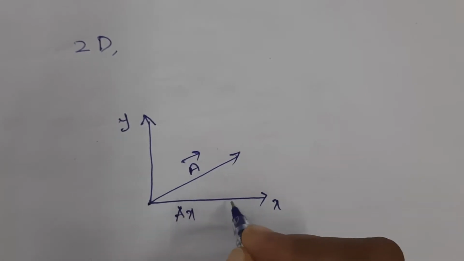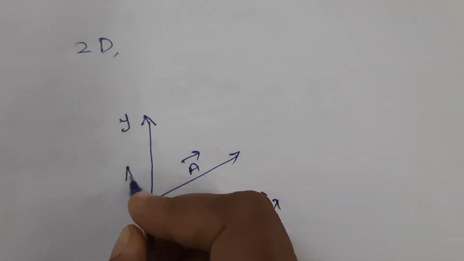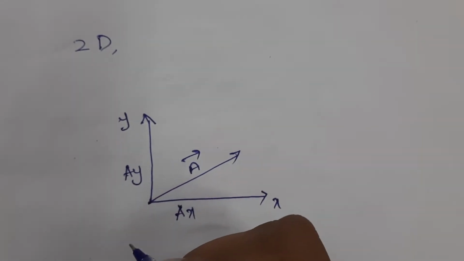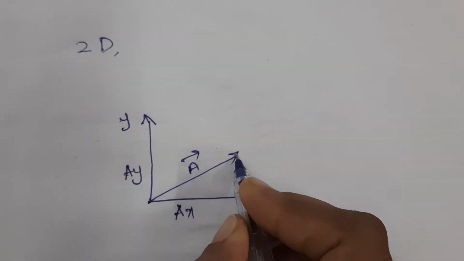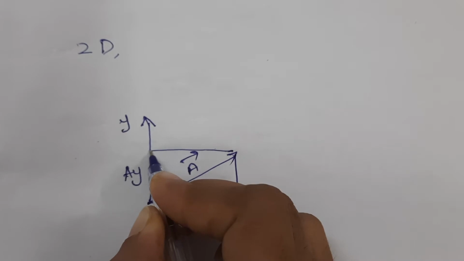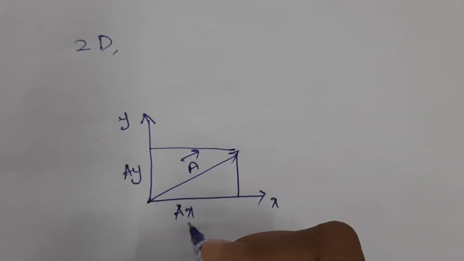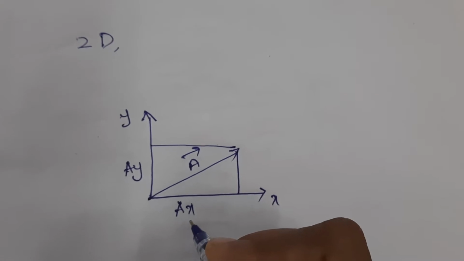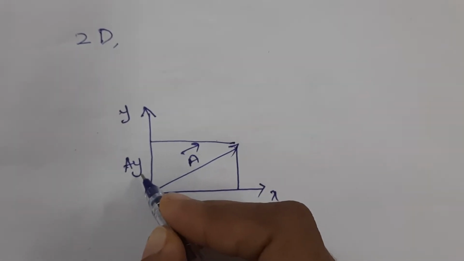Ax is the x component of the vector and Ay is the y component of the vector. It is obtained by drawing a line from this vector to the x-axis as well as to the y-axis. So this is the x component of the vector and this is the y component of the vector.